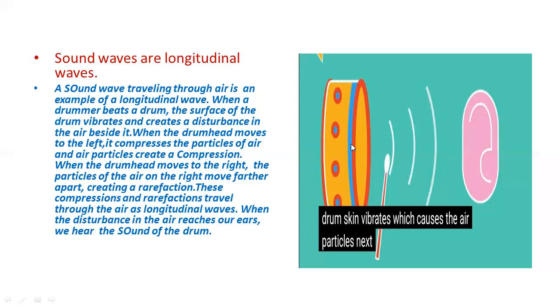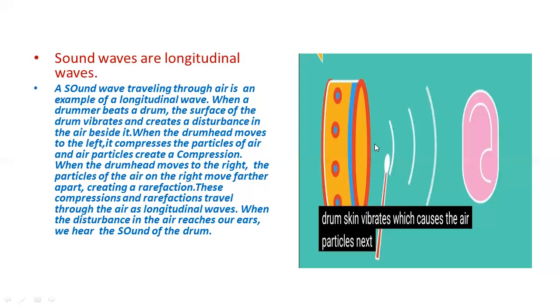Due to this pushing, the air particles will come closer to each other, and they will form a compression. And when the membrane moves inward, the air particles will relax and move farther apart from each other, and in that case a rarefaction will be produced.